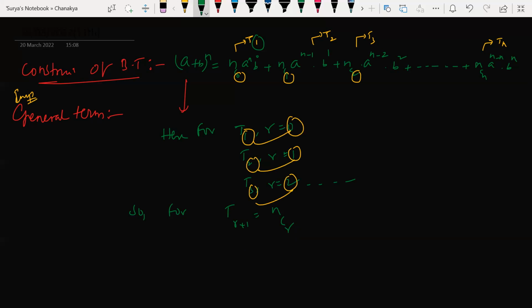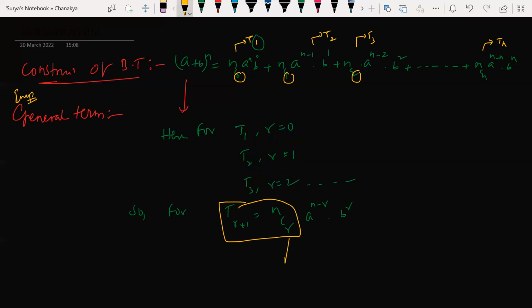Now here, into nCr, I wrote a to the power of n minus r into b to the power of r. How did I write this? Let me explain again. Here T(r+1), r value is r. And look at a here: a to the power of n minus r.